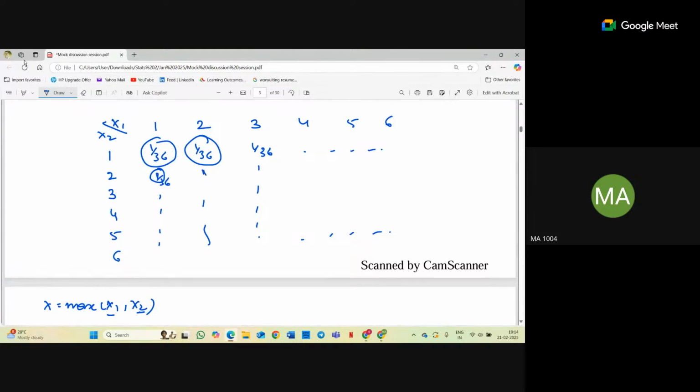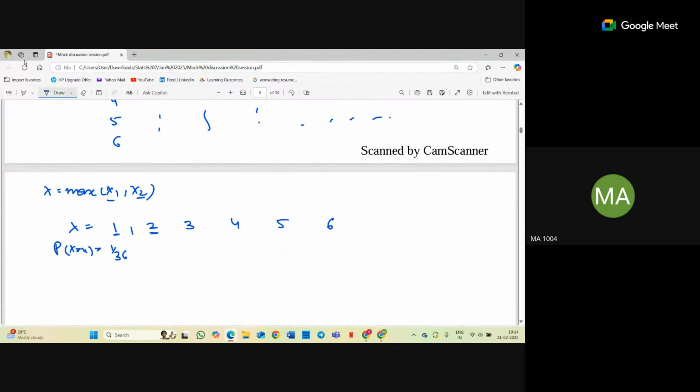So in total, it would be 3 by 36. Similarly, for 3 it would be 5 by 36, then 7 by 36, 9 by 36 and 11 by 36. This is the PMF we have got.